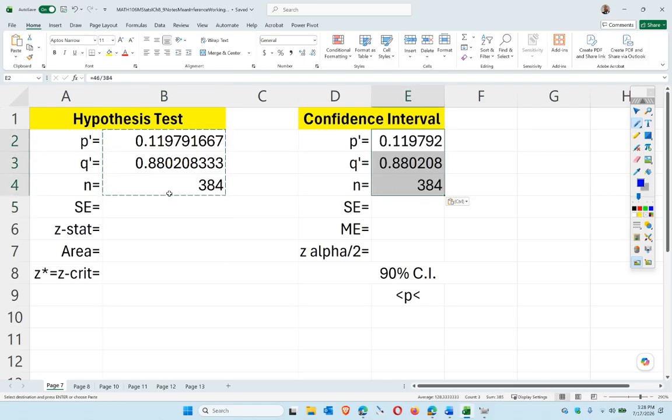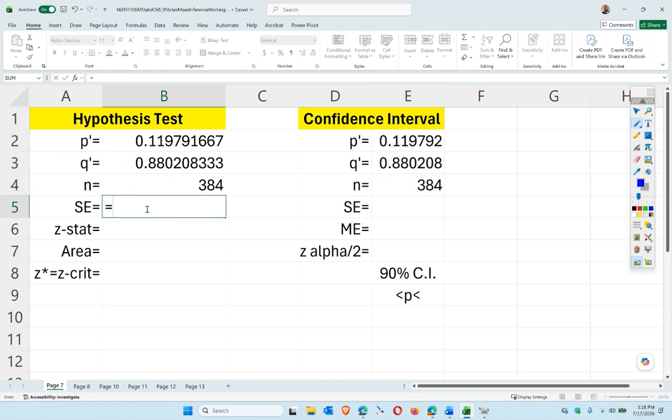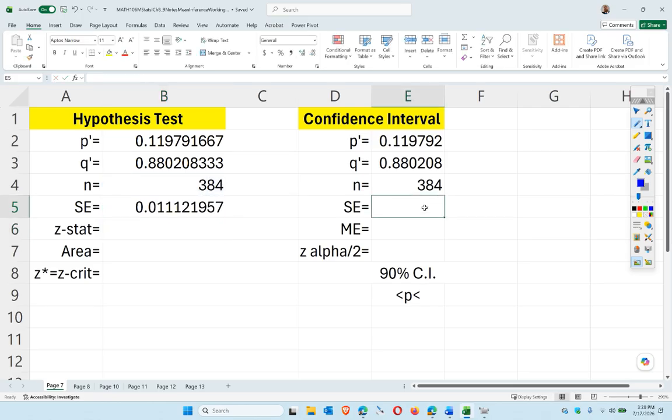The difference is when we do the standard error here, this is going to be the square root of 0.05 times 0.95 divided by the number of samples, versus the confidence interval, which is the square root of p times q divided by the number of samples.